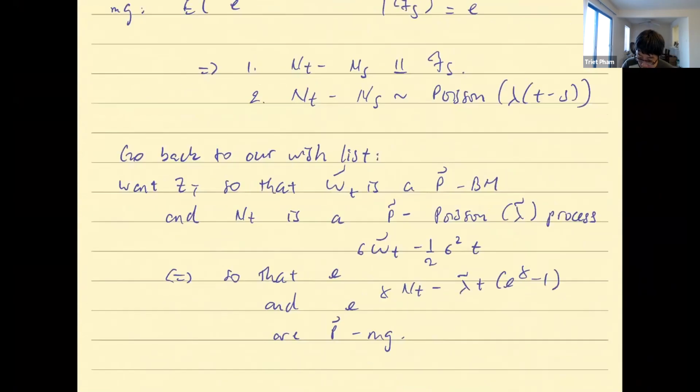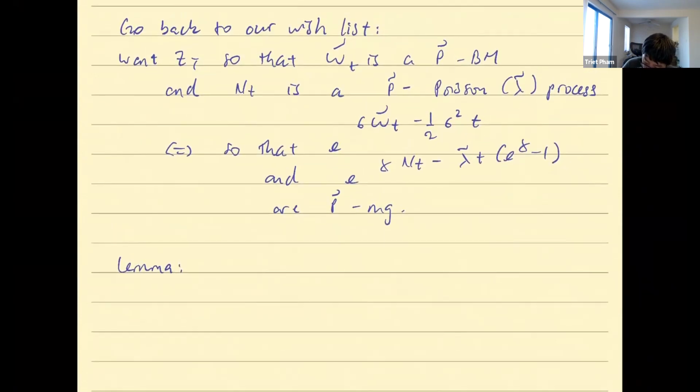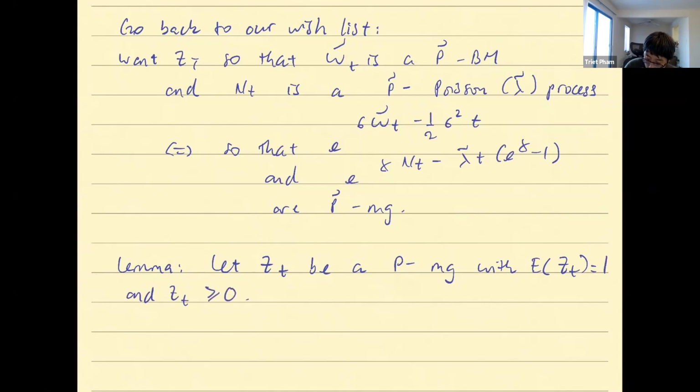So a general lemma is like this, which is very useful. Let ZT be a P martingale with expectation of ZT to be 1. So this is basically just a change of measure kernel.